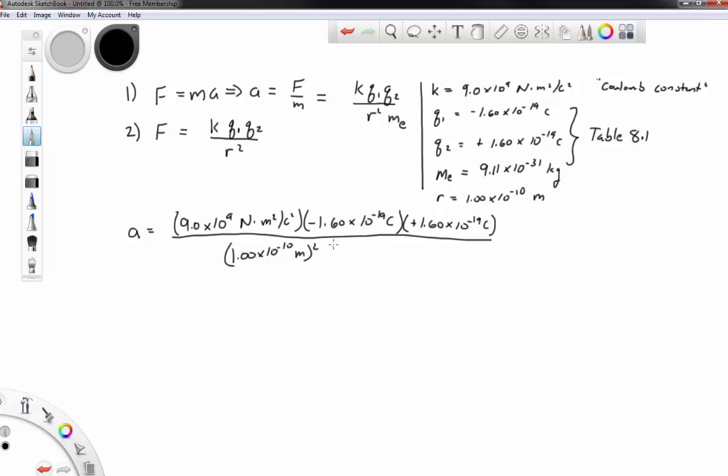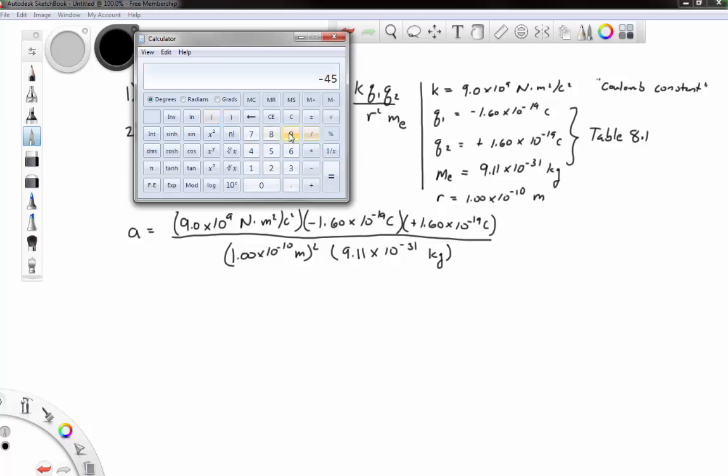And then we also have to factor in the mass of that electron, so 9.11 times 10 to the minus 31 kilograms. So that's plugging all of our information in. Let's go ahead and calculate what these numbers will be.